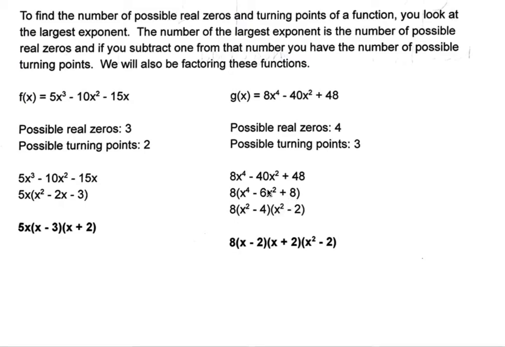Factors of 8 that add up to 6 are 4 and 2, and they're both negative because it's a minus plus. So we get 8 times quantity x squared minus 4 times quantity x squared minus 2. Now x squared minus 2 we cannot factor down, but the x squared minus 4 we can. That's a difference of squares. So we would write it out as x minus 2, x plus 2 with the 8 out front and the x squared minus 2 there. Alrighty, talk to you later. Bye.